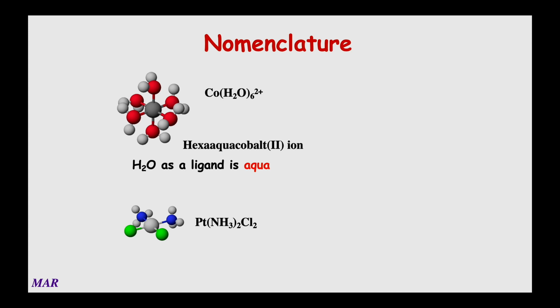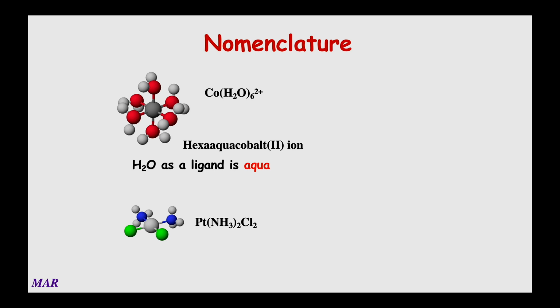If you have a choice between ammine or chloro to go first, you go alphabetical. So this would be diammine, and then you'd put dichloro. And the last thing you would do is put the platinum. But we need to figure out the charge on the platinum. Now, ammonia is neutral. Chlorides are -1, and there's 2 of them. This is going to be a platinum 2 center.